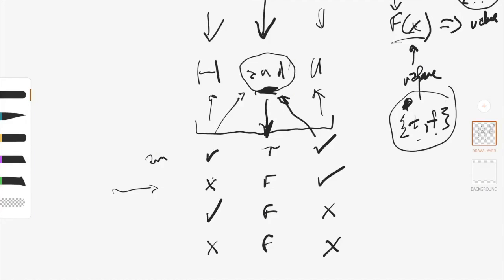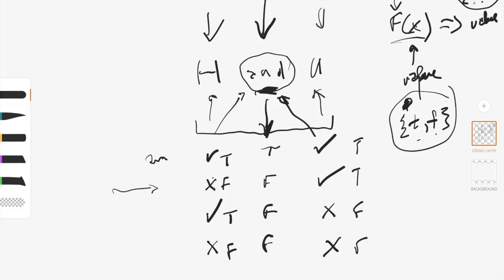So if we were to go back through our example about the proposition, I have a headache and I'm hungry, what we could do is in all of the situations where there are checks, we could change that to a true, just like this, true. And in all the situations where there are x's, remember x means that it isn't the case that whatever the proposition is we're considering, we can change that to false.